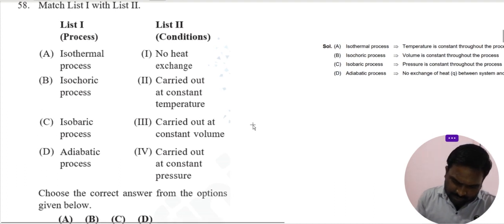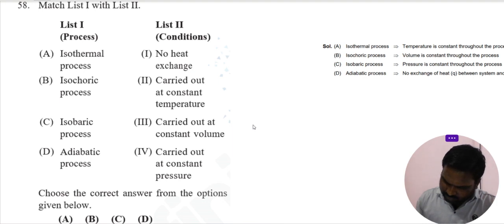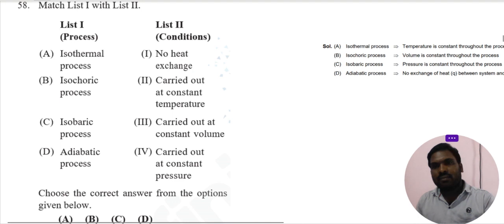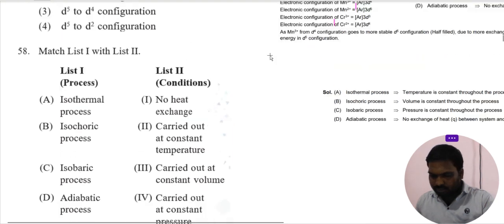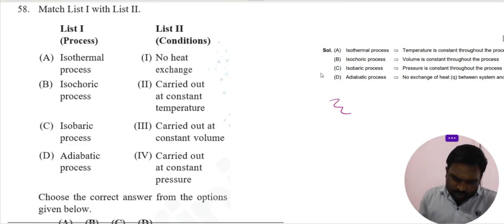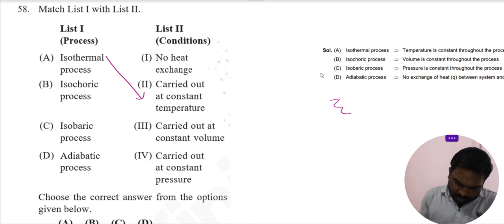Here, matching. Isothermal process, temperature constant.